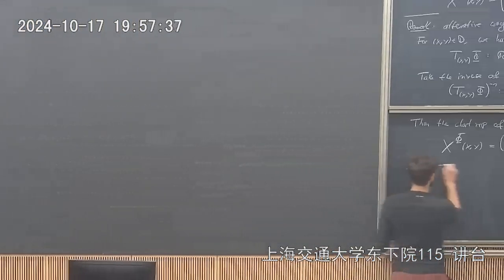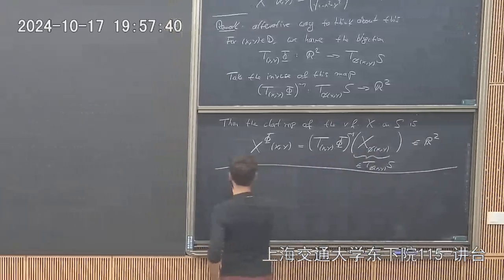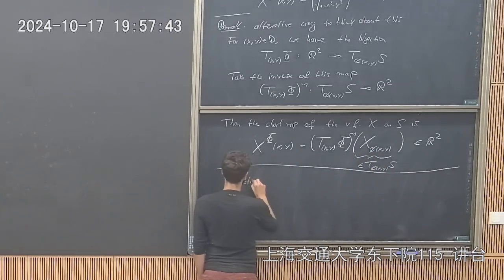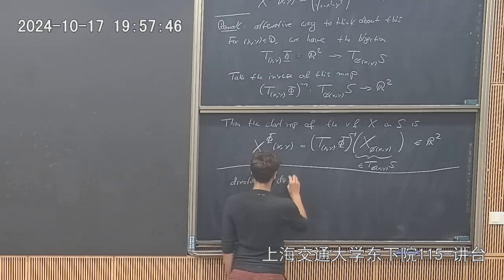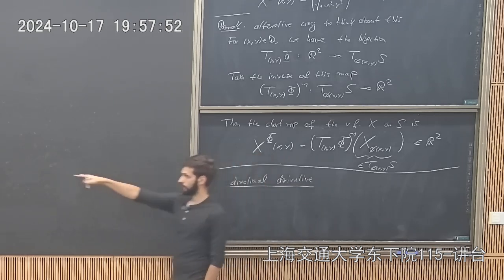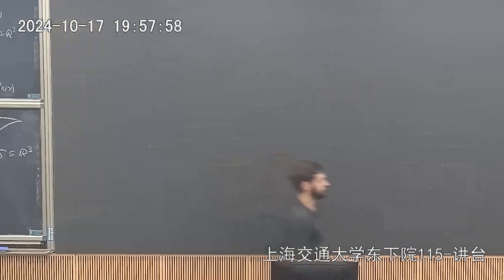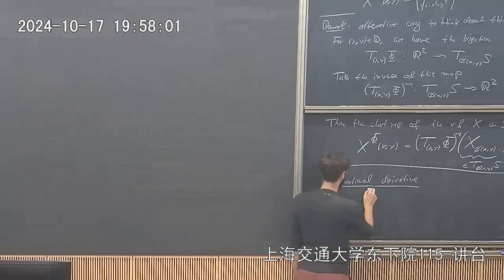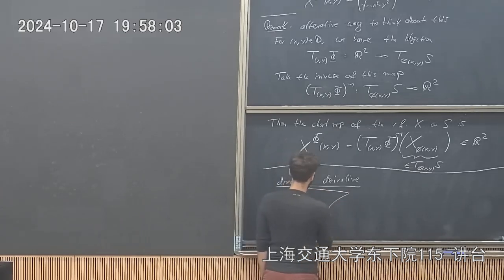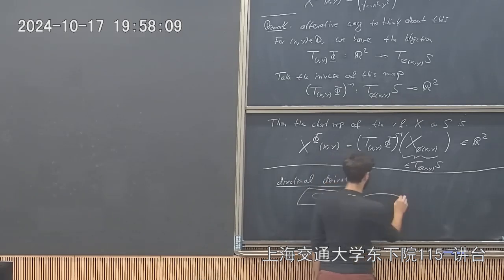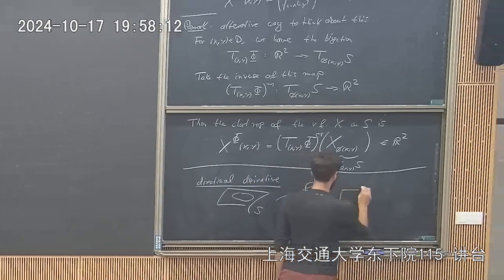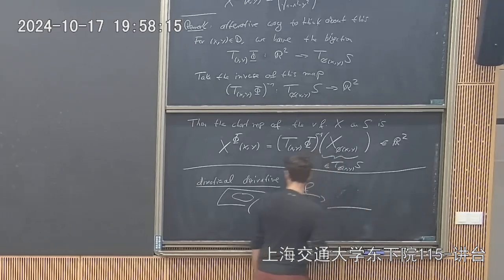So for example, one question that I was asked was in the definition of directional derivative. That's maybe similar to this picture here. This is also the first order approximation. So you have S over here, and then you have a function f that maps that into the real line.